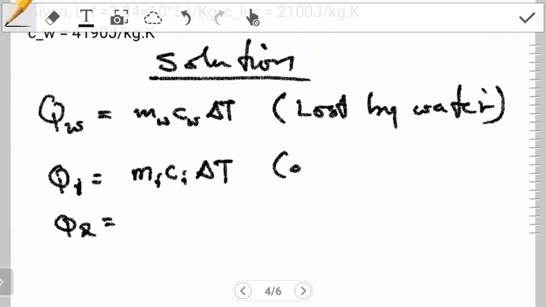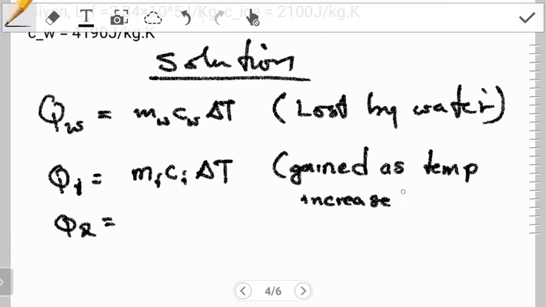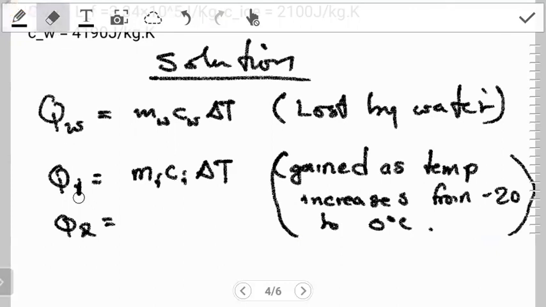And then after this, we have Q2, the second, this of course is gained. So I can say gained as the temperature increases from -20 to 0 degrees Celsius. So this is gained by the ice as this change is happening. And then lastly, Q3.